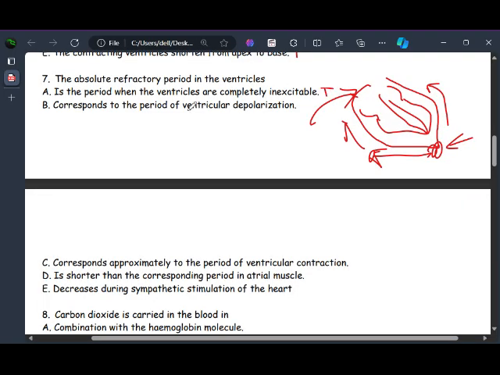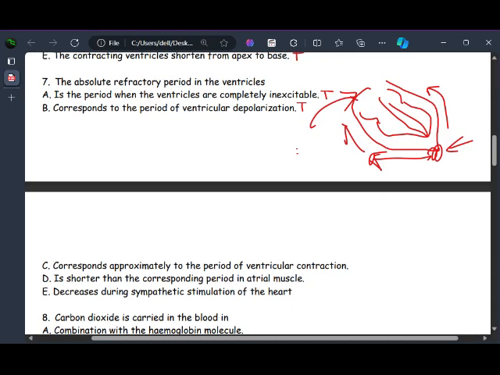Completely inexcitable. Then B, corresponds approximately to the period of ventricular depolarization. That is true, because the absolute refractory period in the ventricles is when the ventricles have been depolarized.